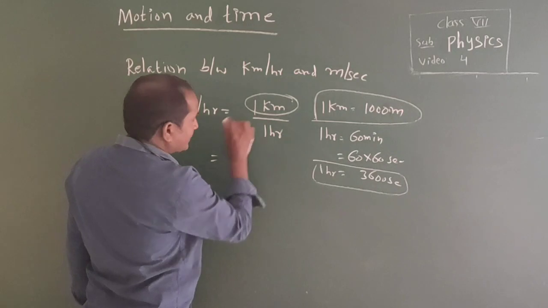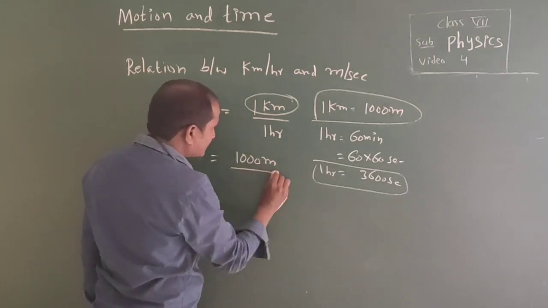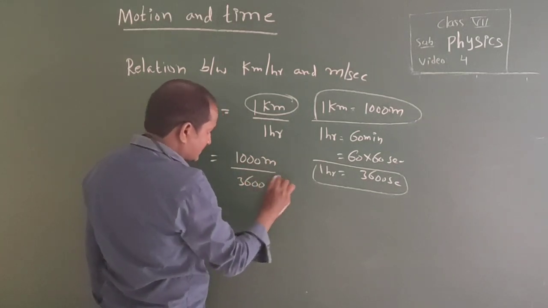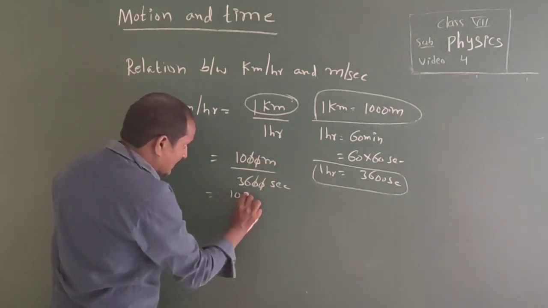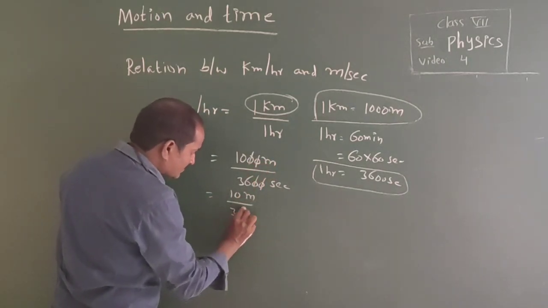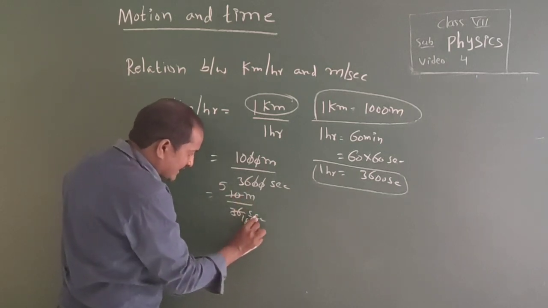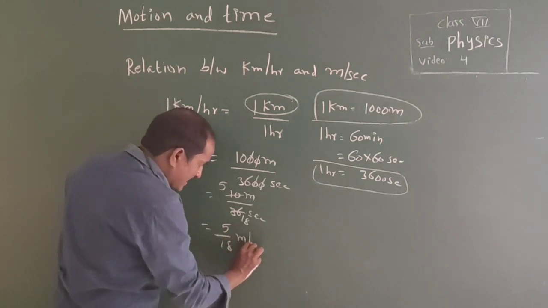So 1 kilometer per hour equals 1000 meters by 3600 seconds. Two zeros cancel, leaving 10 meters by 36 seconds, which is 5 by 18 meter per second.